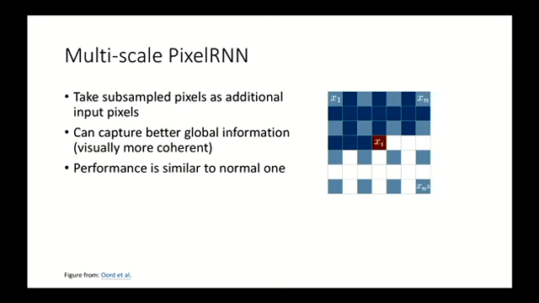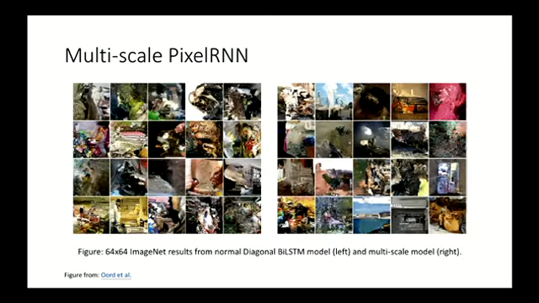As a result, it captures better global information. We can see in the results it is more globally coherent. The left-hand side is from normal pixel RNNs, and the right-hand side is from a multi-scale one. The left-hand side images are more noisy.